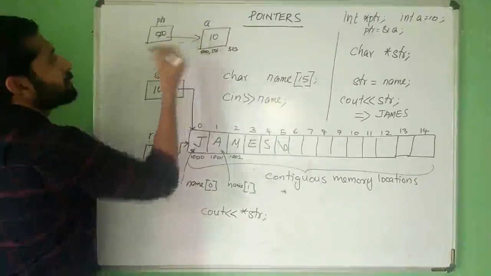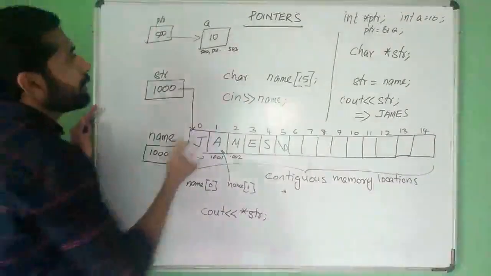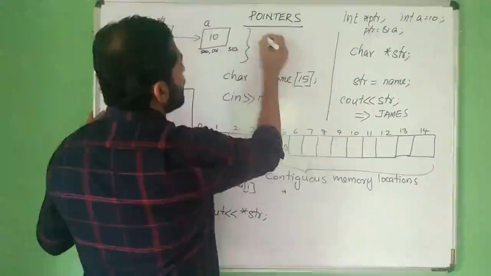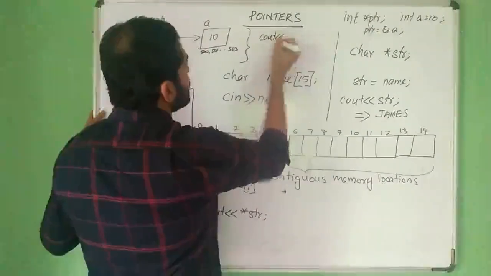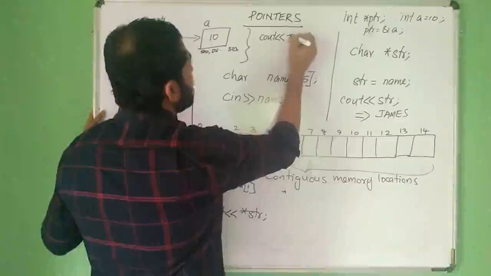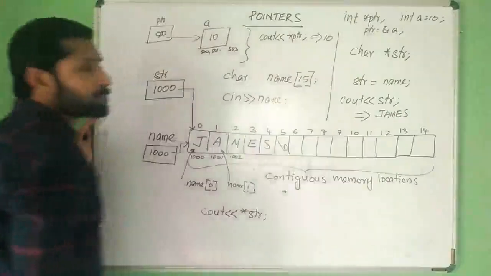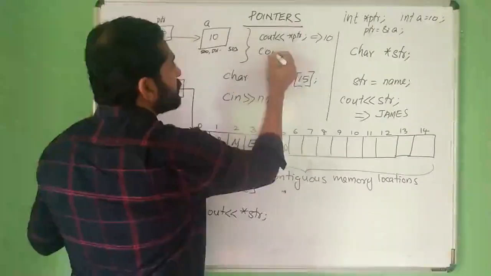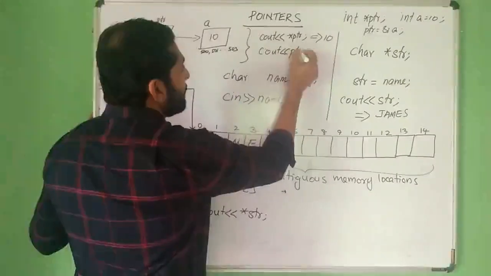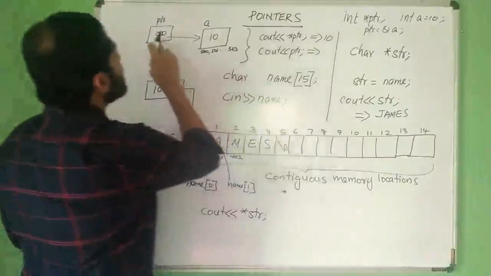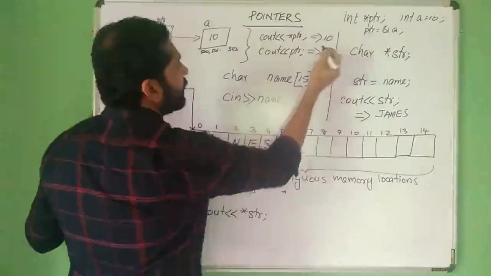This points to this. Now here, if you write a statement like cout star ptr, this will give 10 as output. And cout ptr will print the address, 500.